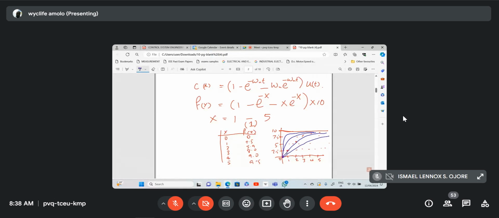But according to the equation, our step will be following this route here. As you learn more of these topics, we shall be able to see the rate of response based on the rise time and what is causing it.